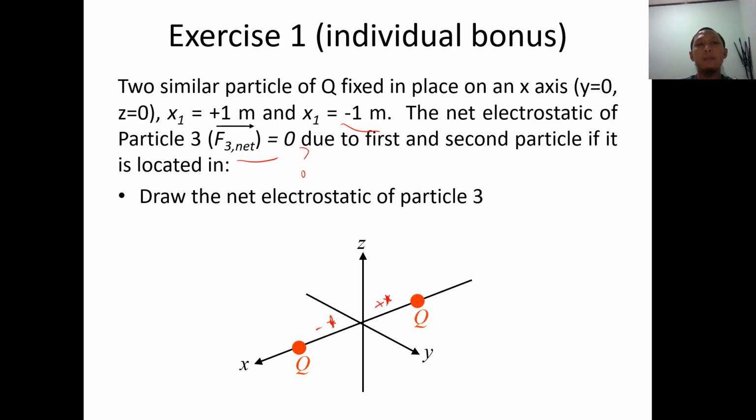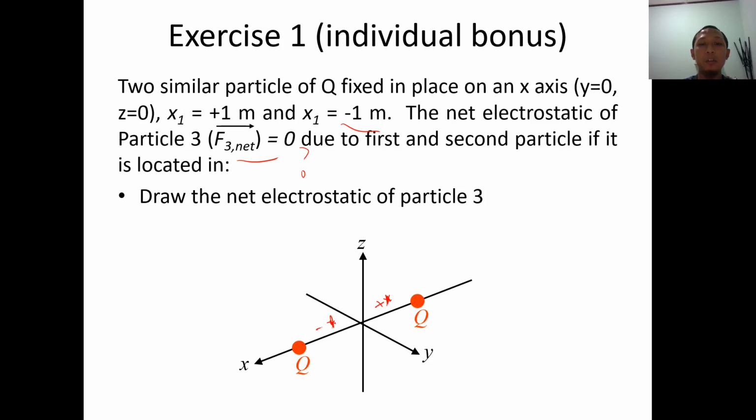The net electrostatic force on particle 3, F3 net, is equal to 0 due to the first and second particle. So you have to choose the location such that the net electrostatic force on the particle will be 0.